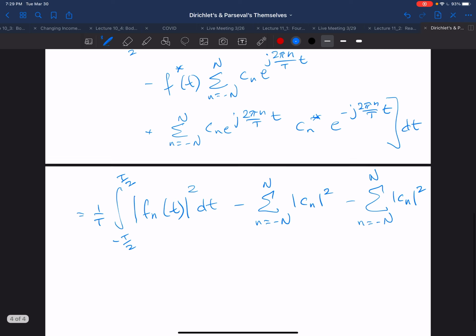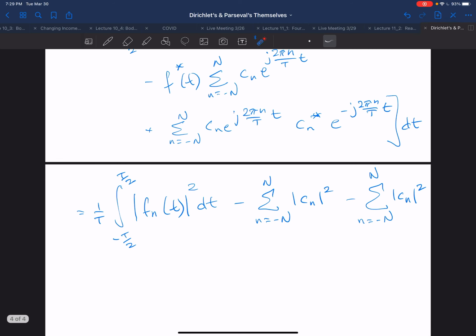And finally, what do we have here in the last term? The two sinusoids just multiply to give us 1. So once again, we're just getting the sum of the squared moduli of the coefficients c sub n. Okay, so we can cancel out, say, the last two of these terms.